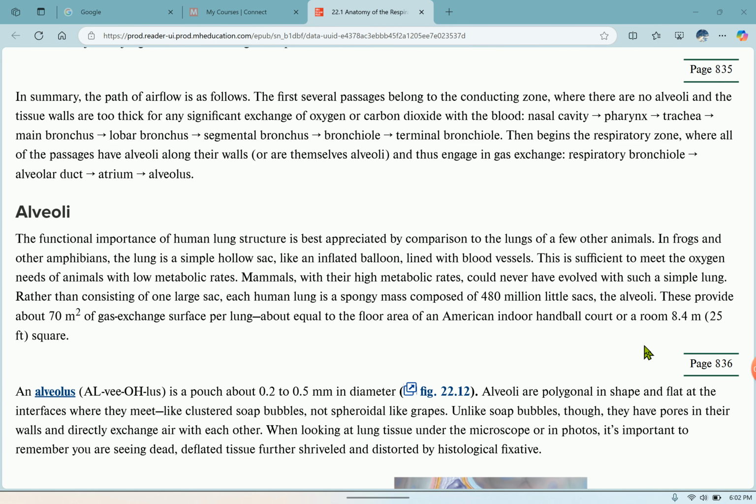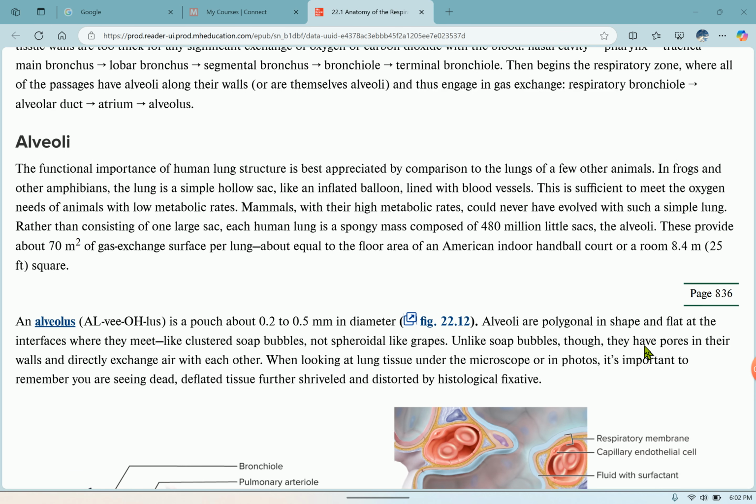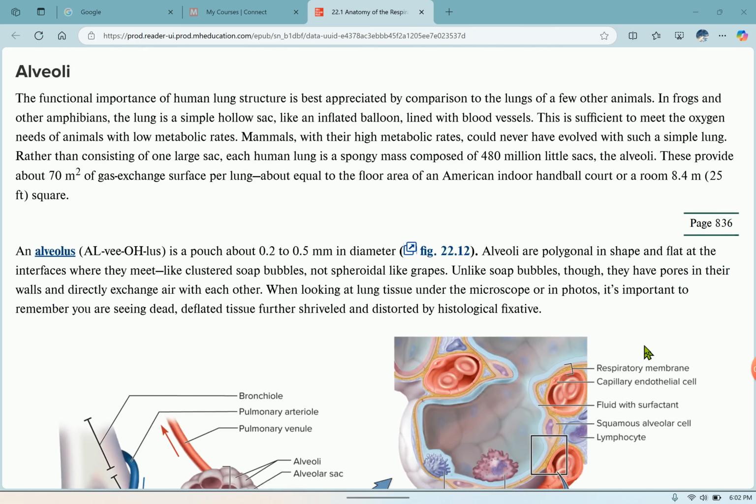These provide about 70 square meters of gas exchange surface per lung, which is equal to about the floor area of an American indoor handball court or a room that's about 25 square feet. That's pretty impressive. All that increased surface area really allows us to do a lot of gas exchange.